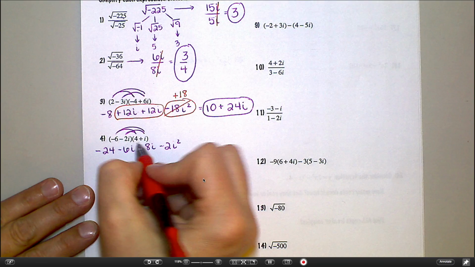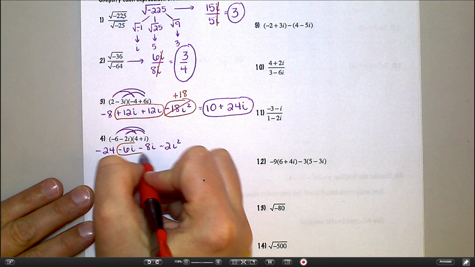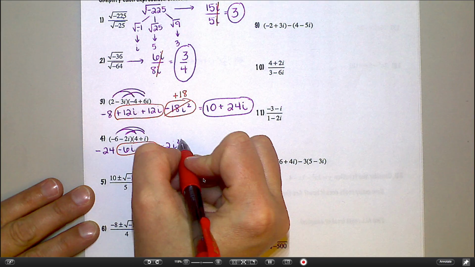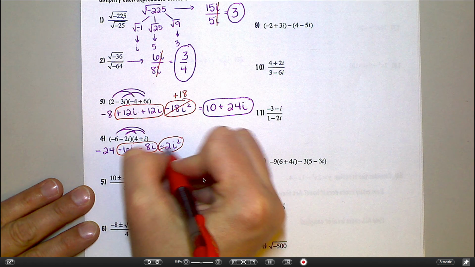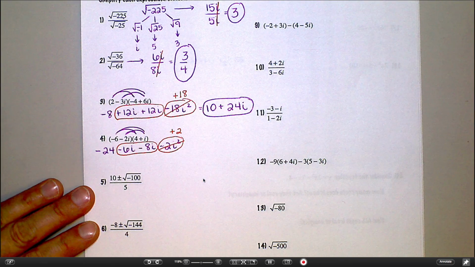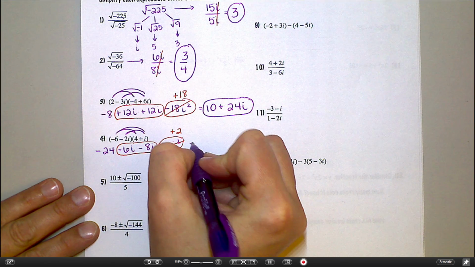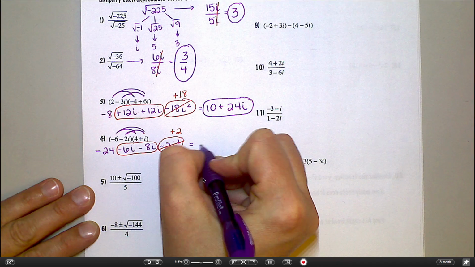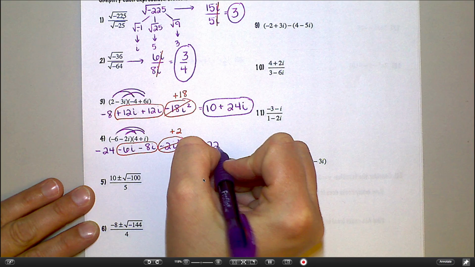So I'm going to combine the 2 i's in the middle, the negative 6i minus 8i, I'm also going to take this minus 2i squared and replace it with a plus 2. And that's going to combine with my negative 24. So I'm going to end up with negative 22 minus 14i.